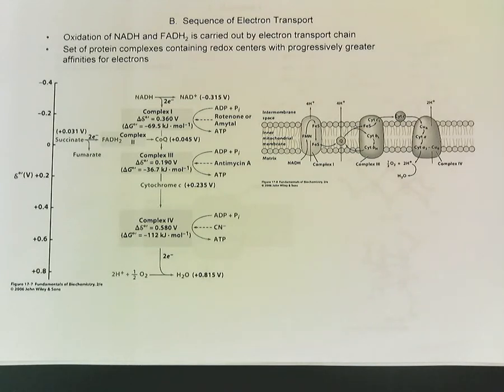The sequence of electron transport is the oxidation of NADH and FADH2 carried throughout the 4 parts of the electron transport chain. And we're going to use a set of protein complexes that each contain redox centers to help with the oxidation and reduction of these NADH and FADH2s.